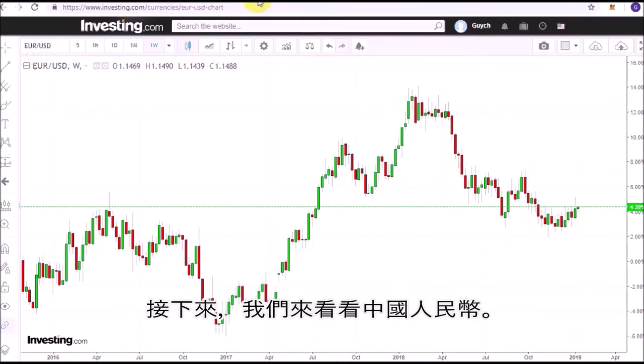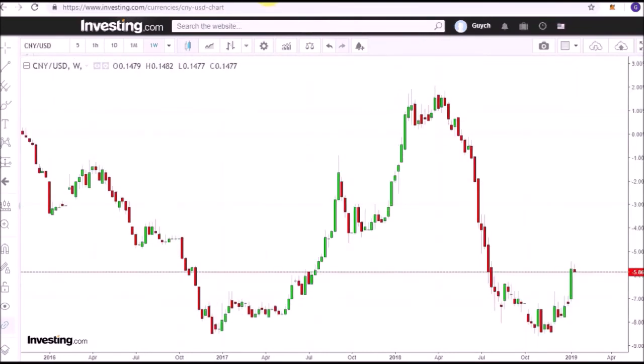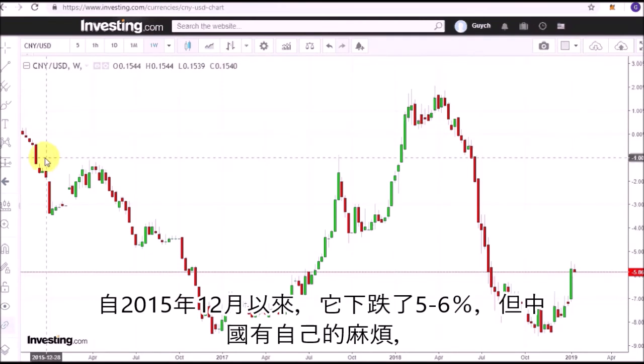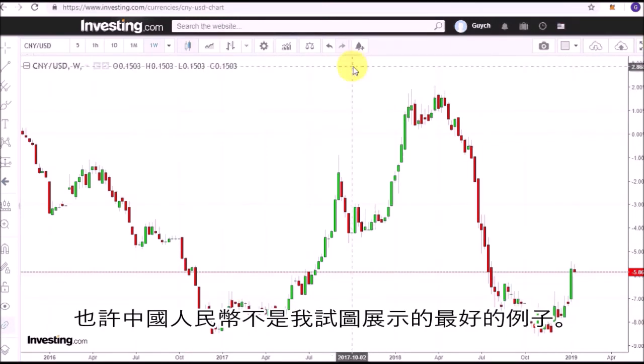Next, let's look at the Chinese yuan. Since December 2015, it lost 5 or 6%. But China has its own troubles, and probably the Chinese yuan is not the best example to illustrate what I'm trying to say.